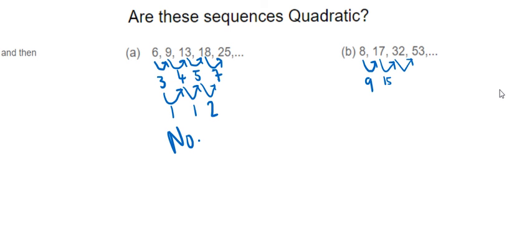And the difference between 32 and 53, actually, no, sorry, it's going to be 21, isn't it? So the difference between 32 and 53 is 21. So that's the difference between them.